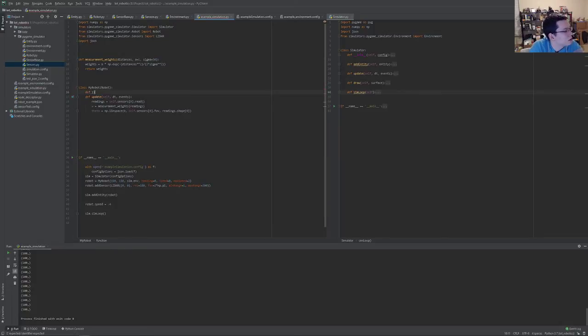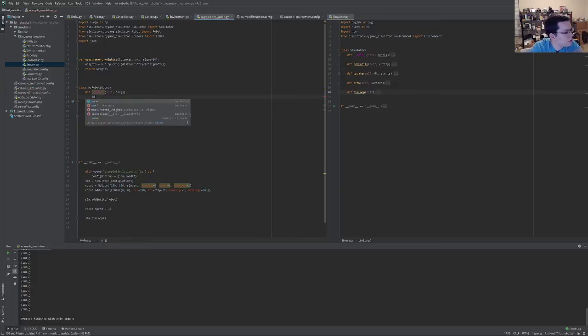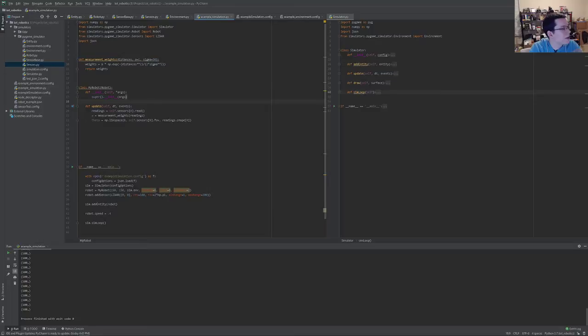Def init, args, super dot init args, and then I want to append to this, and that needs to be 2.